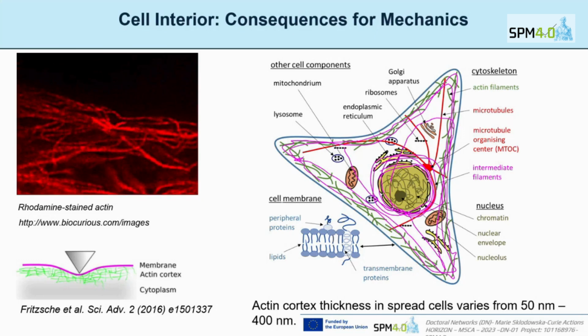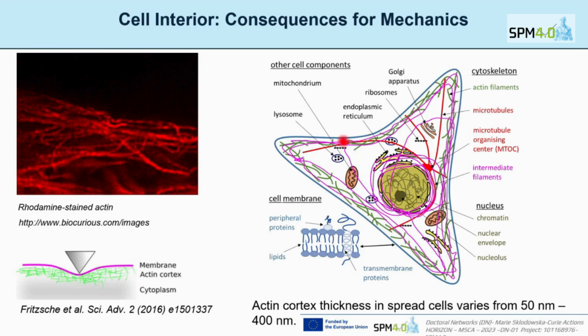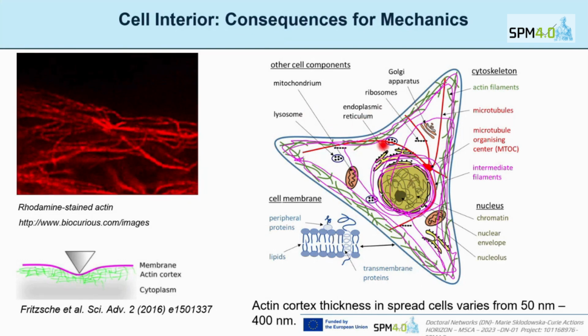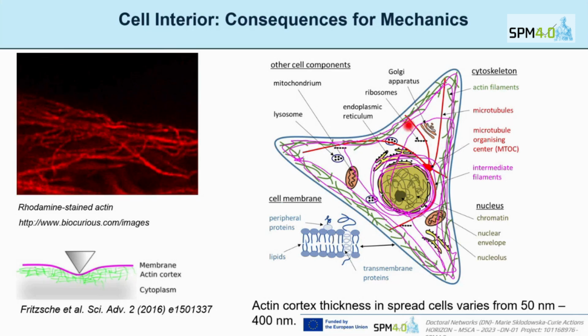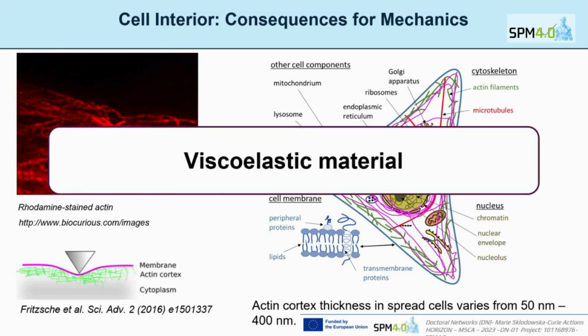However, because of the complexity of the system, which also includes cytoplasm, which is inside the cell, these are viscoelastic materials. And what will be shown later, this visco part is quite important, and it gives us more information that can allow us to distinguish, to find more differences between systems.